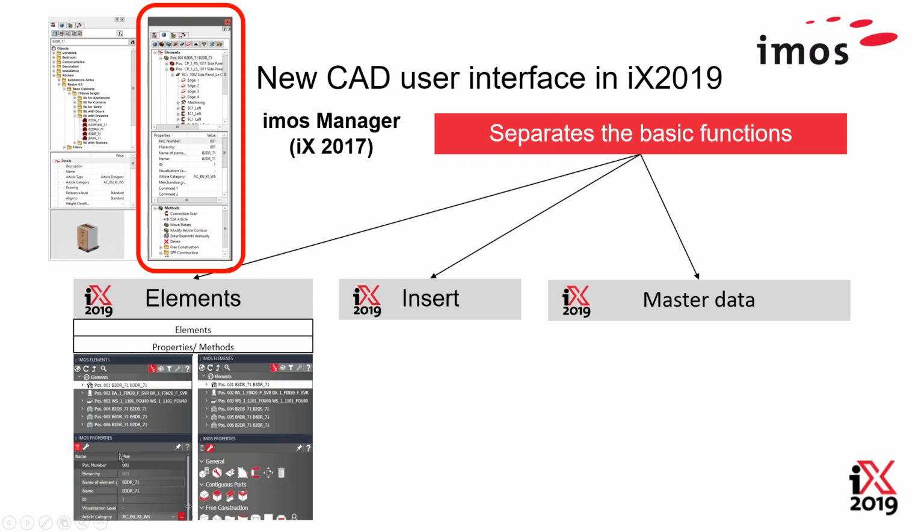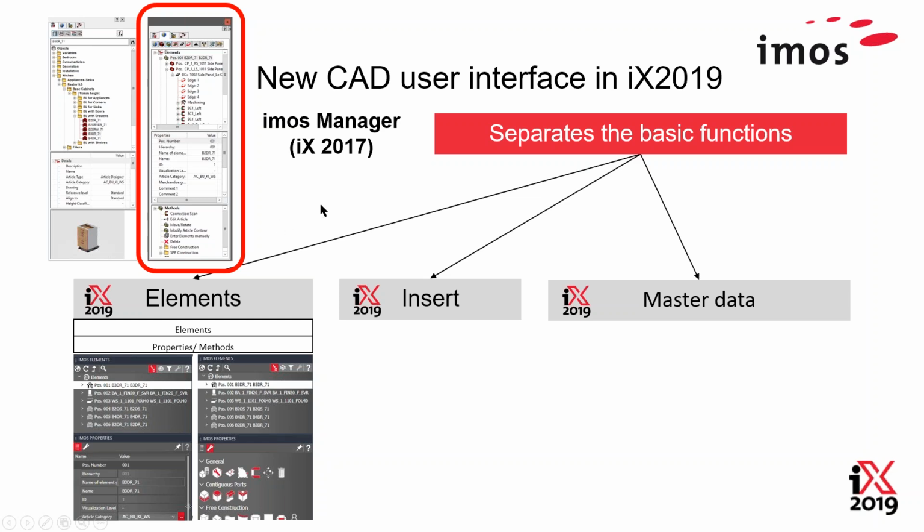This is a view in the surface. You have the imos elements here, and you have a separate palette for the imos properties, or if you switch from properties to methods, you have the methods which can be used on the selected elements.